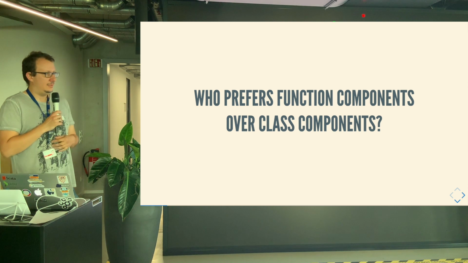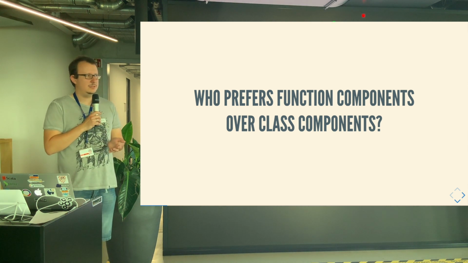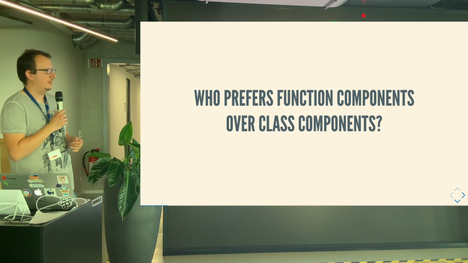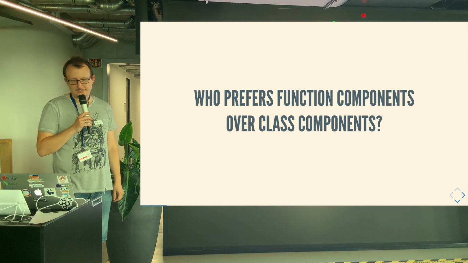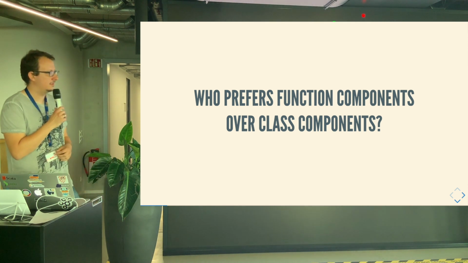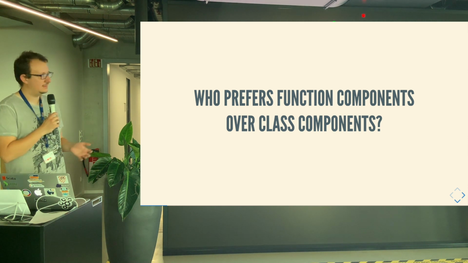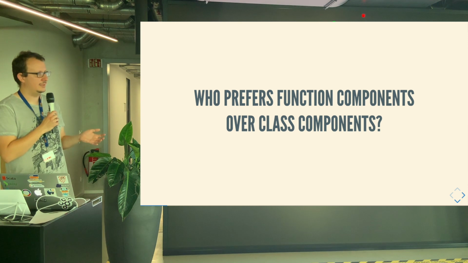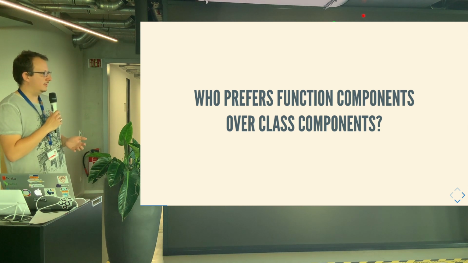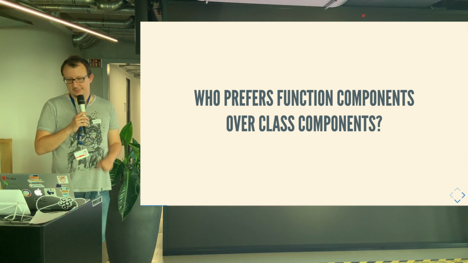Nobody has fully understood how classes work under the hood with the inheritance system of JavaScript. Also, what I've read from the React people is that function components are easier to optimize than class components. So hopefully you'll get better performance out of it if you're using function components.